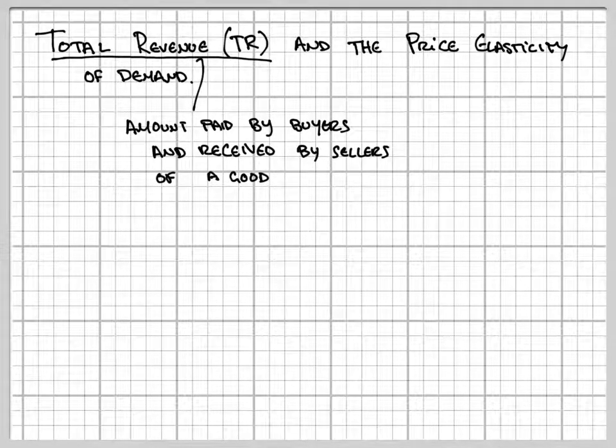And it's a very simple formula. Total revenue is the price of the good times the quantity sold.